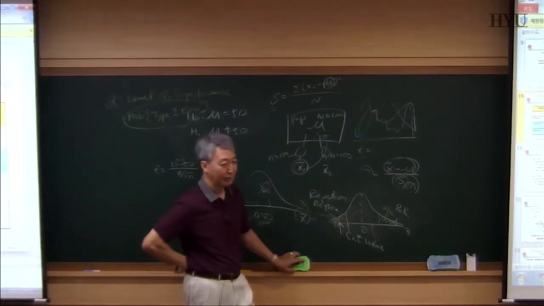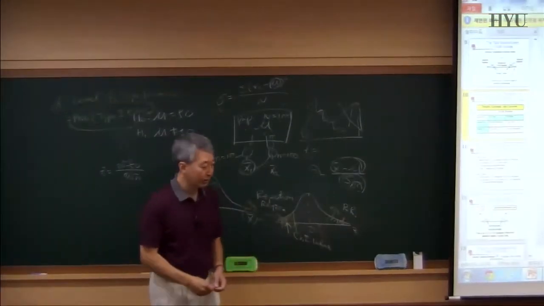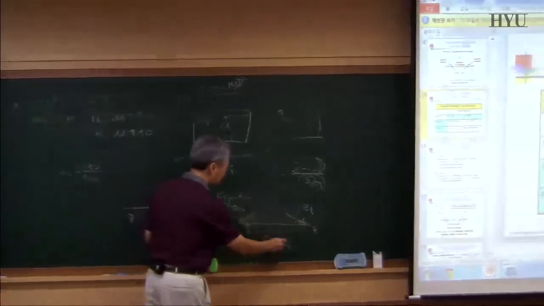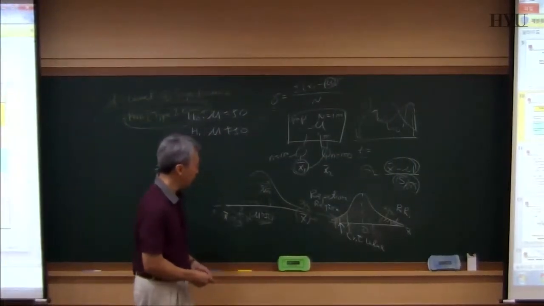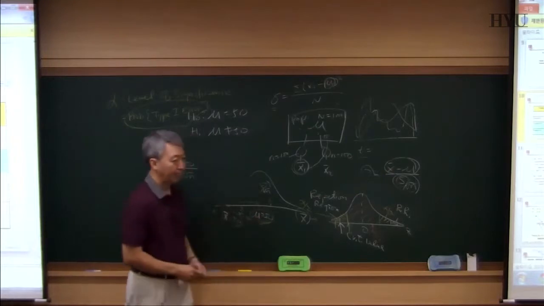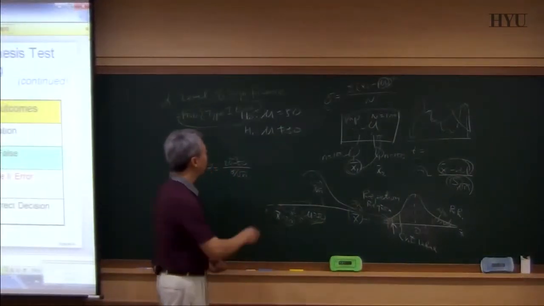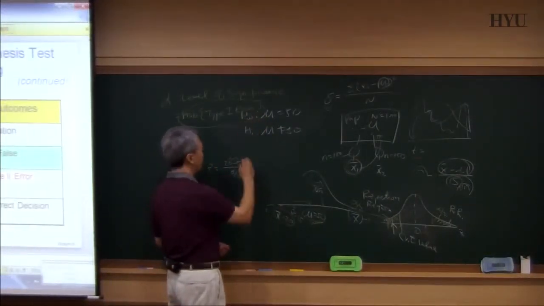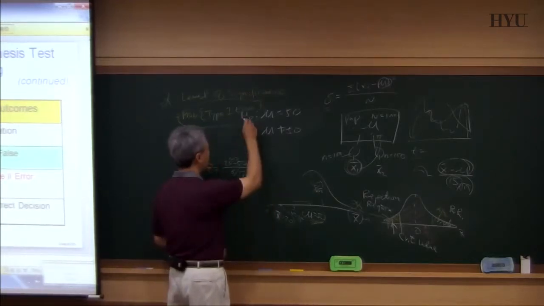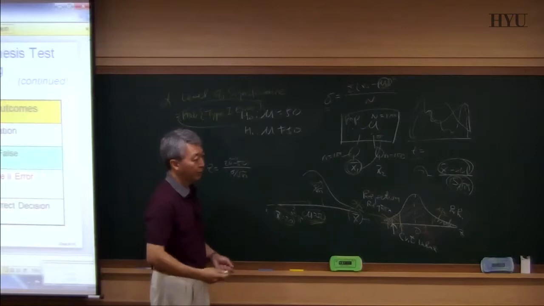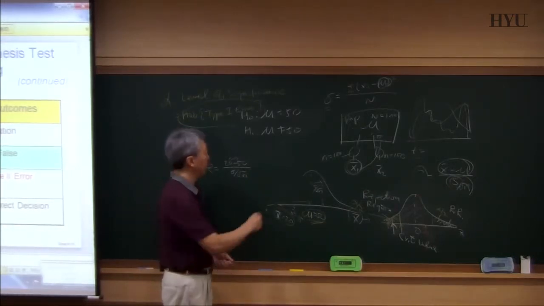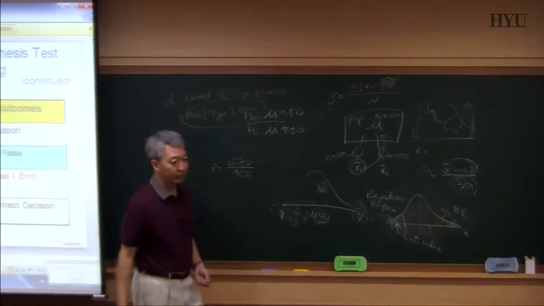Right, very good. So yes, if the test statistic comes in here, then it's pretty close to the hypothesized value. So you do not have sufficient evidence to reject this null hypothesis. In other words, you can say your evidence supports the null hypothesis.